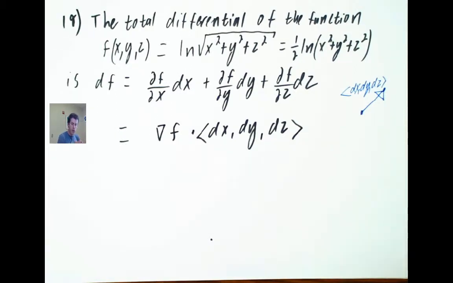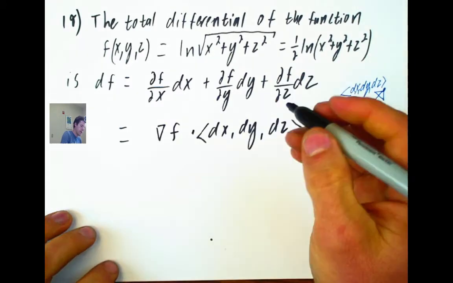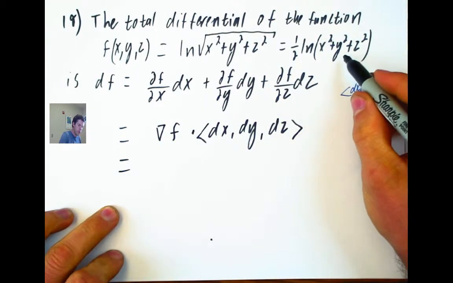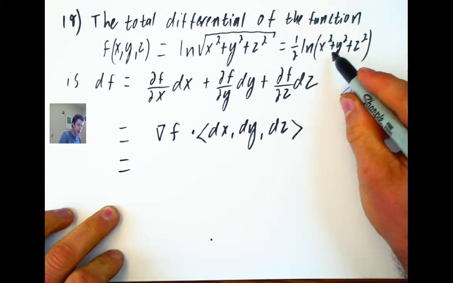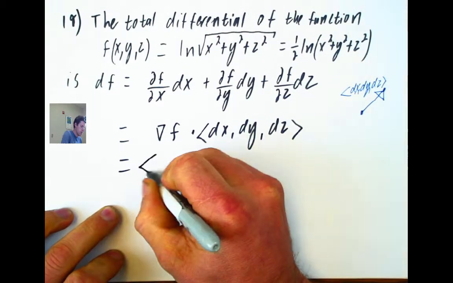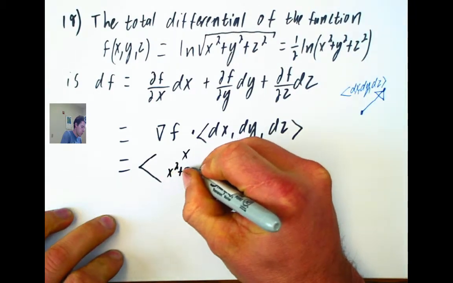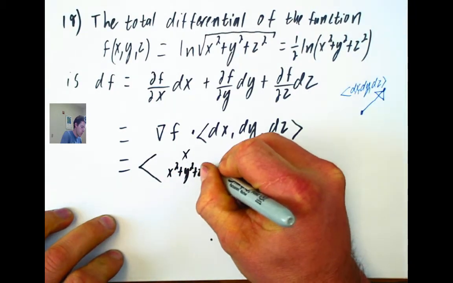So anyway, let's calculate this thing. The reason this is in the section is we're learning to deal with a gradient, right? Okay, so the gradient of f, let's see, the derivative with respect to x of that expression is x over x squared plus y squared plus z squared.